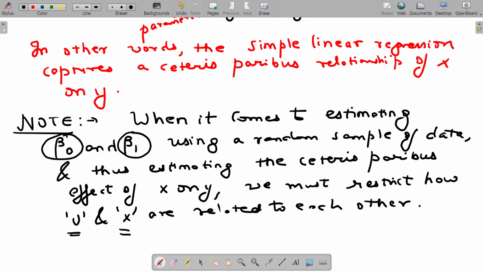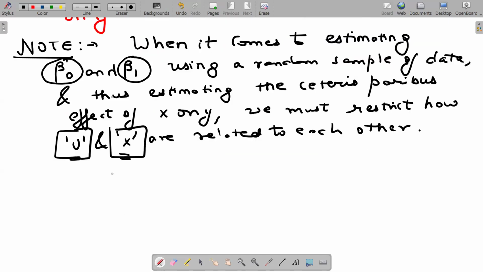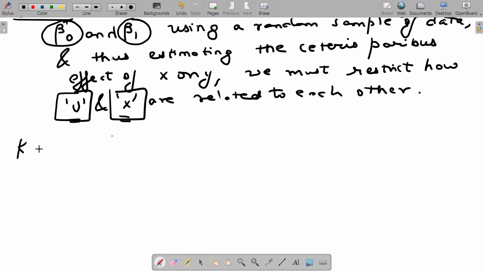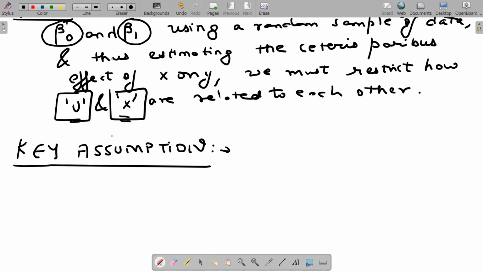So when I'm now doing sampling, I need to be clear about the relationship between u and x. Are they related at the first place or are they not related? To understand this, students, the first key assumption we make, students can write this. The first key assumption we are going to make is that expected value of u will be 0.